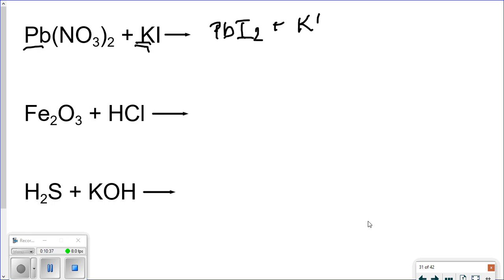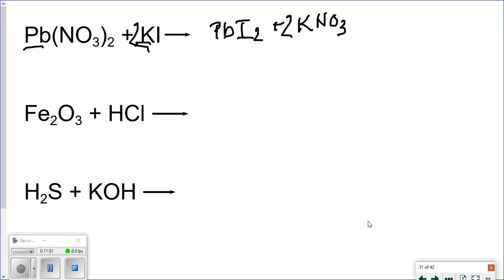Make sure whenever you switch these that the metal is still in the front of your compound when you crisscross. So those are our products, and then we could balance the equation from there by adding a 2 in front of potassium nitrate and then a 2 in front of potassium iodide.